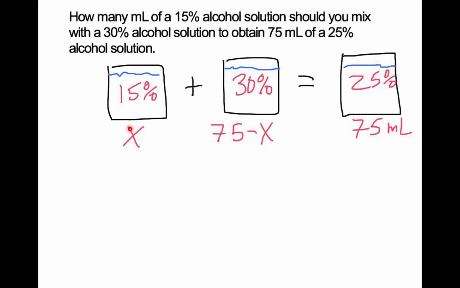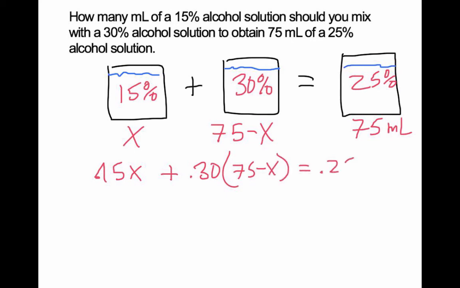For the left-hand side, that would be 0.15 times x. I would add that to 30% of this volume, which is 75 minus x. On the right-hand side, I would have an alcohol content of 0.25 times 75.